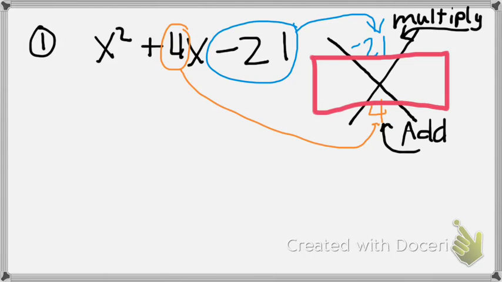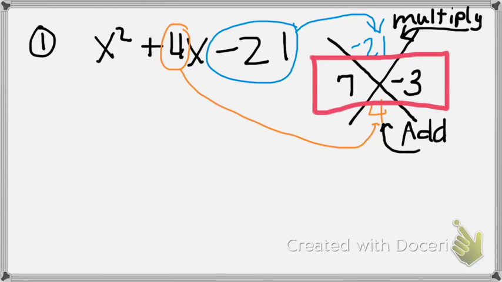So I'm looking for two numbers that multiply together to give you a negative 21, but those two numbers have to add up to give you 4. If they do not satisfy both conditions, then you don't have the right set of numbers. The only ones that are going to work in this particular case would be a positive 7 and a negative 3. So remember, when you're multiplying to get a negative, one term has to be positive, one has to be negative. That's an important piece.